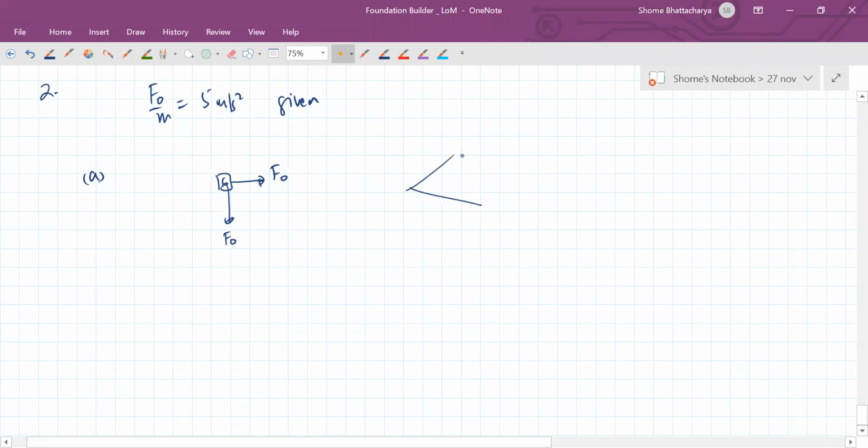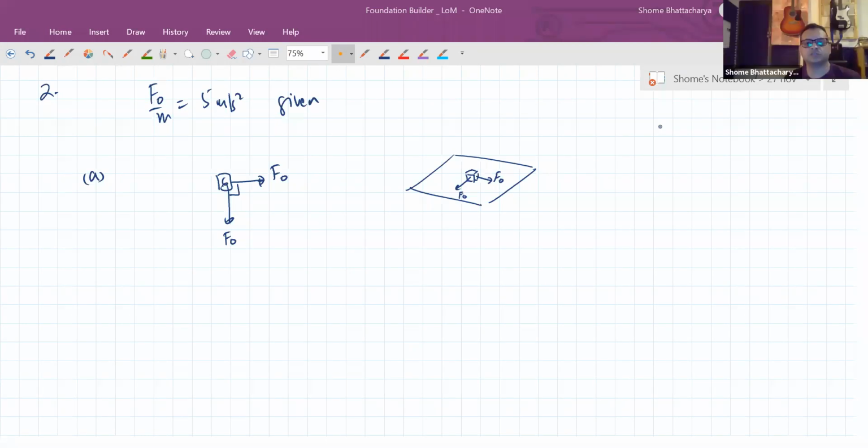Although it's a three-dimensional situation, you place this block on this surface, and you are applying these two forces parallel to the surface and at an angle of 90 degrees. Okay. So what is the net force becoming? The net force is becoming their vector sum, which is this.